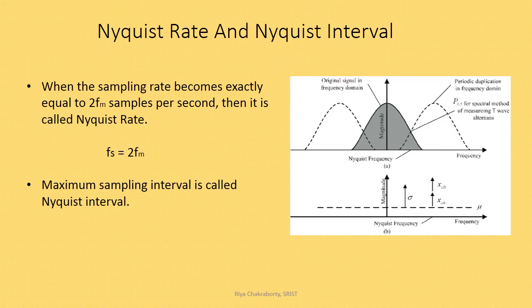When fs equals 2fm, the signals are not overlapping, but they are touching each other. But when fs is less than 2fm, the signals are overlapping with each other. And the maximum sampling interval is called the Nyquist interval.